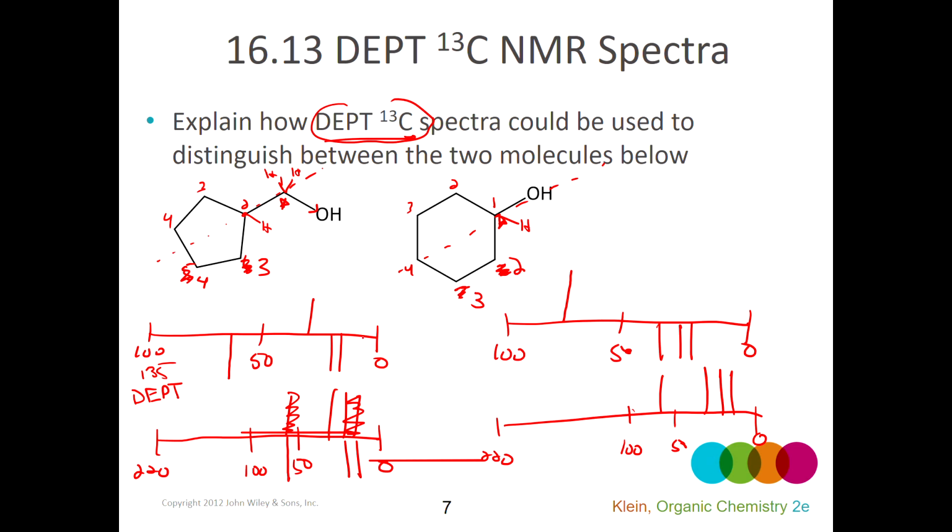So now I can see, even though I have the same number of signals in both, and even though I have one signal between 50 and 100 in both, and three signals between 0 and 50 in both, I don't see the signals pointing in the same direction when I look at the DEPT 135, because of the difference in how many hydrogens there are on each carbon in both structures. So even isomers that have very similar structures, if there's any difference, usually that can be distinguished one way or the other in the carbon 13 or in the DEPT.